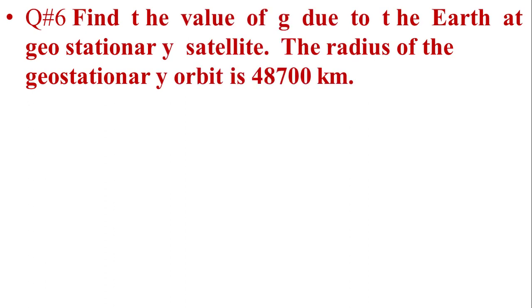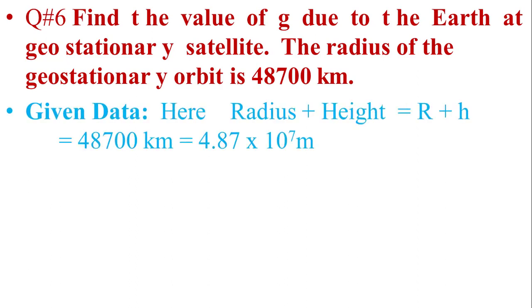In numerical number 6, find the value of g due to the Earth at the geostationary satellite. The radius of geostationary orbit is 48,700 kilometers. Now we write the given data. Radius of Earth plus height, because orbital radius is equal to R plus h.